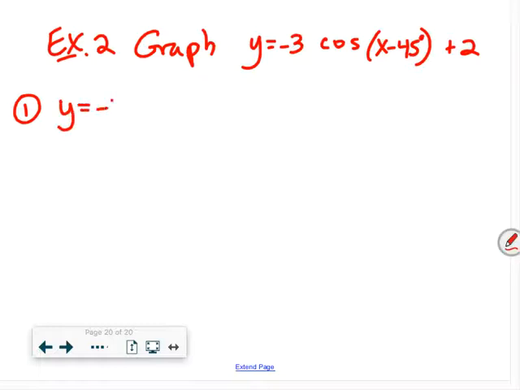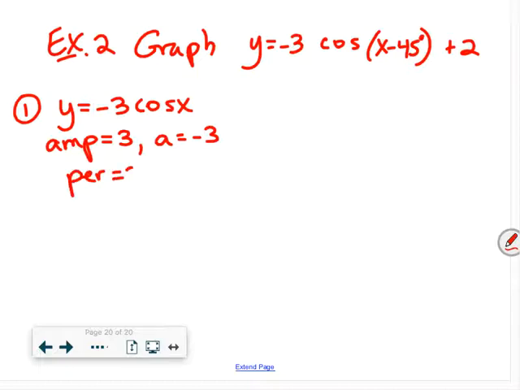Start with y equals -3 cosine x. Be careful, amplitude is +3, but A is -3. We'll see the difference now on the graph.